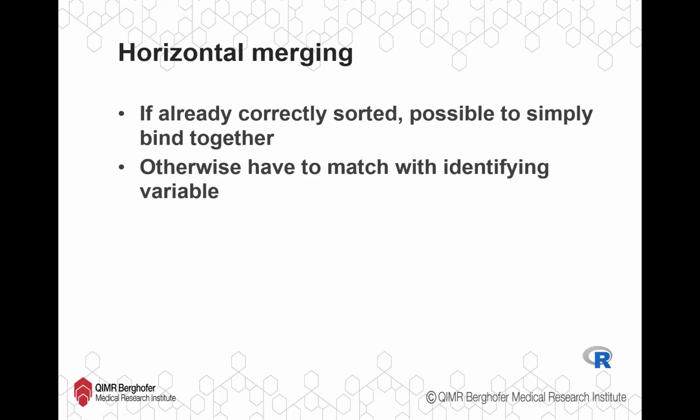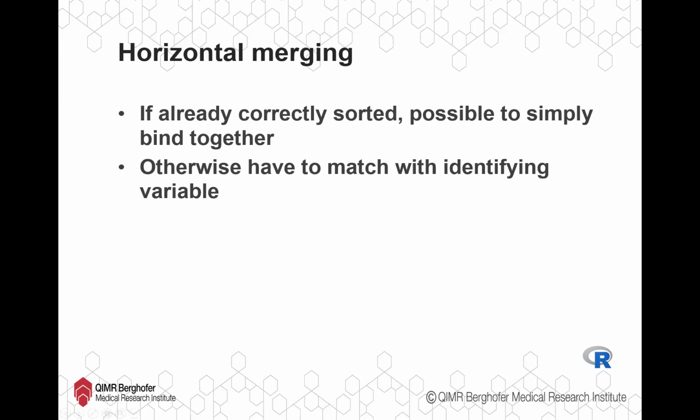If they are already in the same order, like patient 1, patient 2, patient 3, all ordered the same, we can just simply bind them together like we just did with rbind. But otherwise, we'll have to combine it with some identifying variable to match which row matches with which. When we did it in vertical merging, when the variables were out of order, the variable names were able to identify which variable is which. In horizontal merging, when the rows are out of order, we do need to find some variable to match which row matches which in the two data frames we're merging.